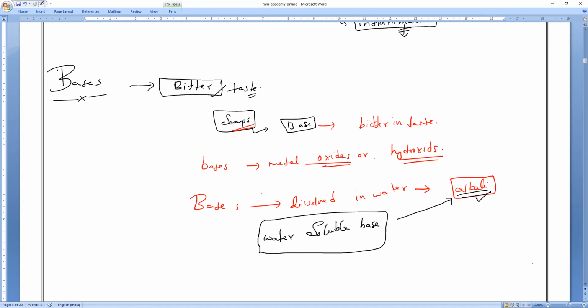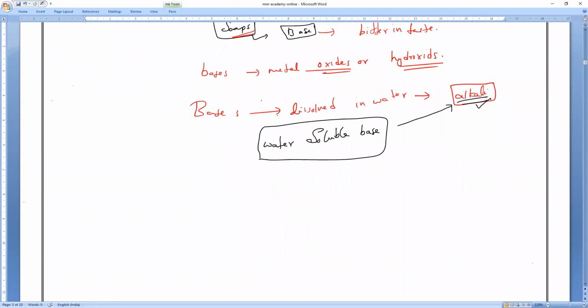All of you understanding? So I can say all the alkalis are bases, but all the bases are not alkalis. Remember that. All the alkalis are bases, but all the bases are not alkalis.